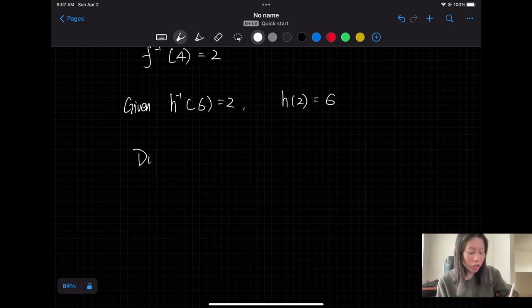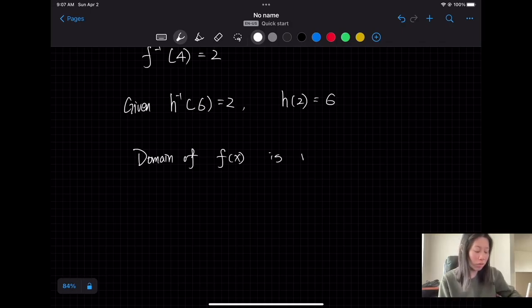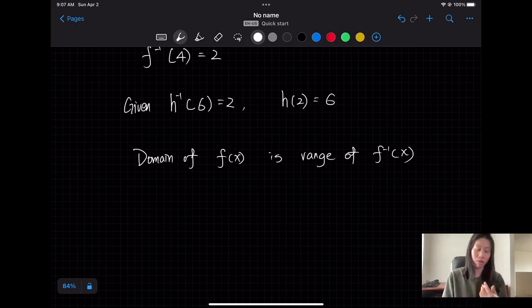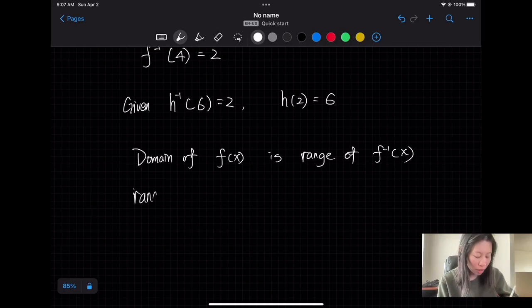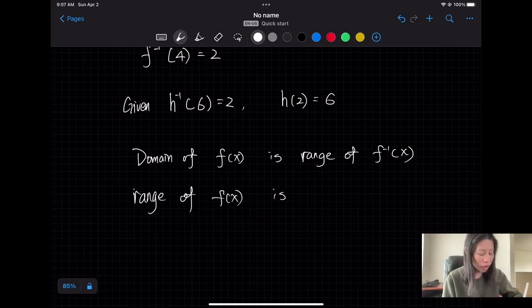That means the domain of the original function is the range of the inverse function, right? Because domain is all the possible values of the input and the range is all the possible values of the output. So the range of the original function is the domain of the inverse function.